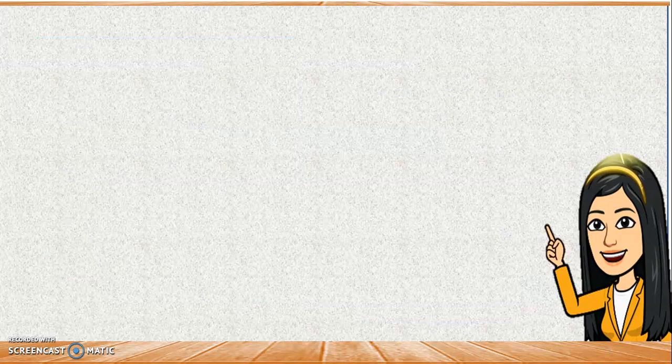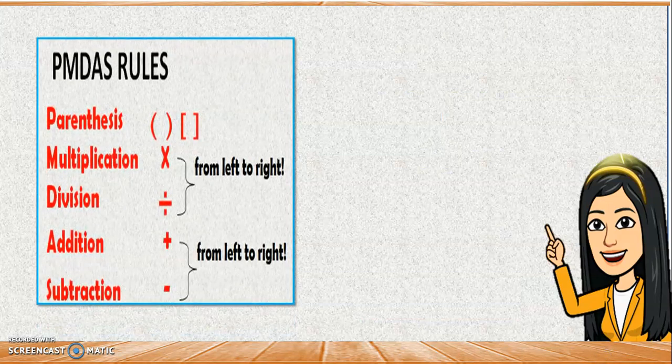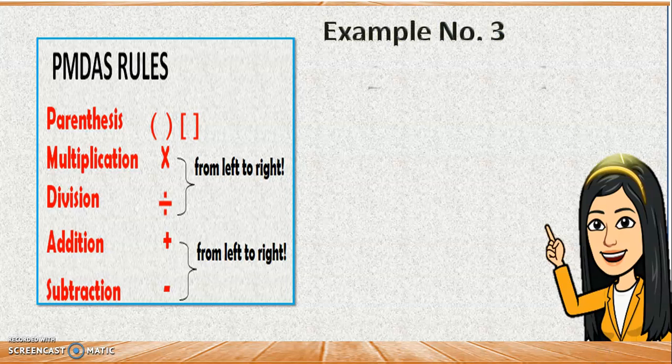Next, I'm going to give you another example. Example number 3. Okay, this one is the equation: 15 minus 5 plus 9 divided by 3 times 4. Pakahaba ng equation, di ba? Huwag malilito. So, which is the first step?